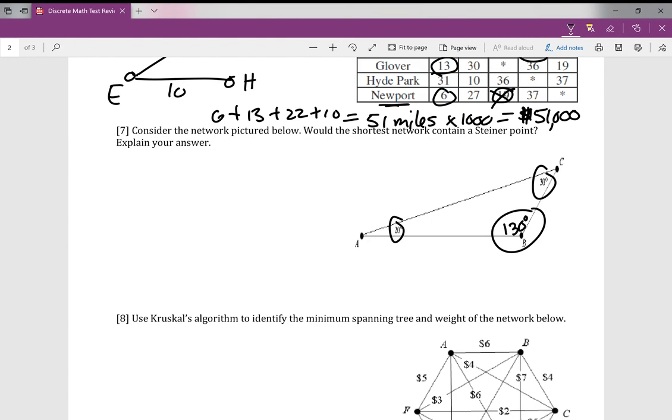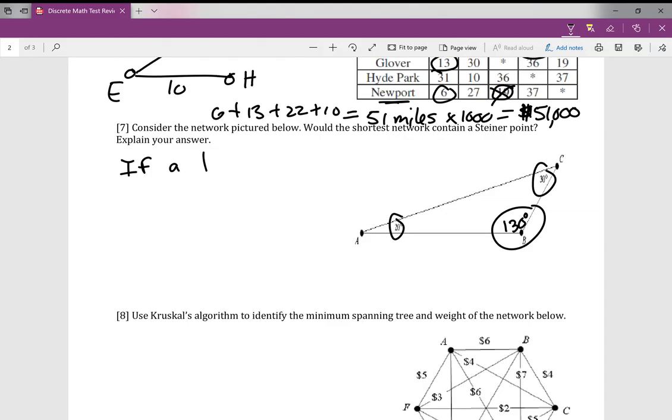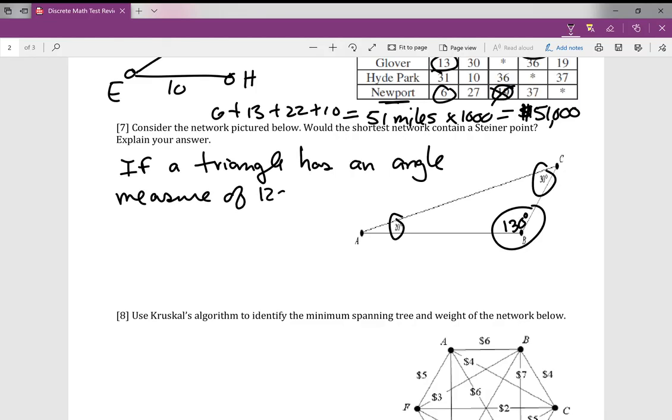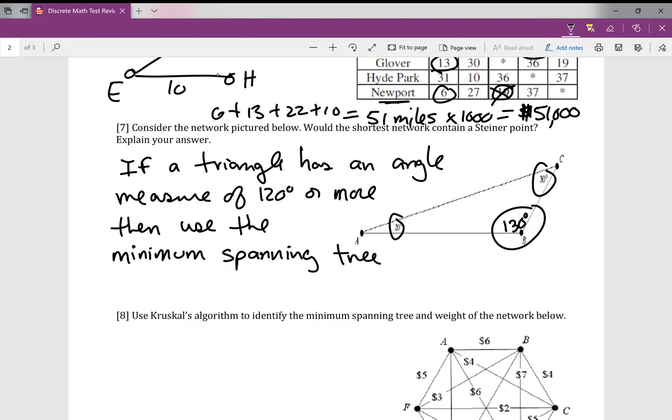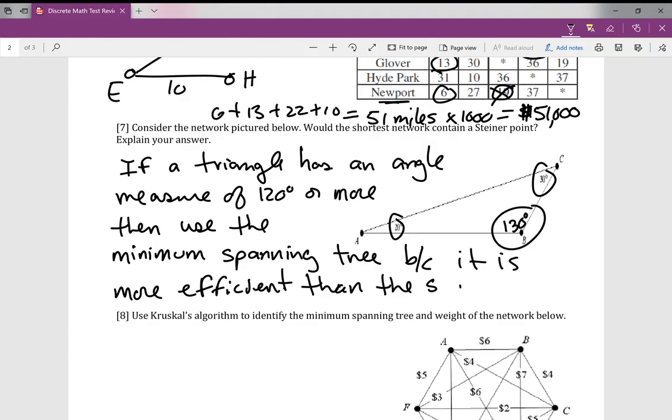So if there's an angle that is 120 or greater, we would use a minimum spanning tree and not a Steiner point. So we got that from our list of theorems on when to use Steiner points and when not to.